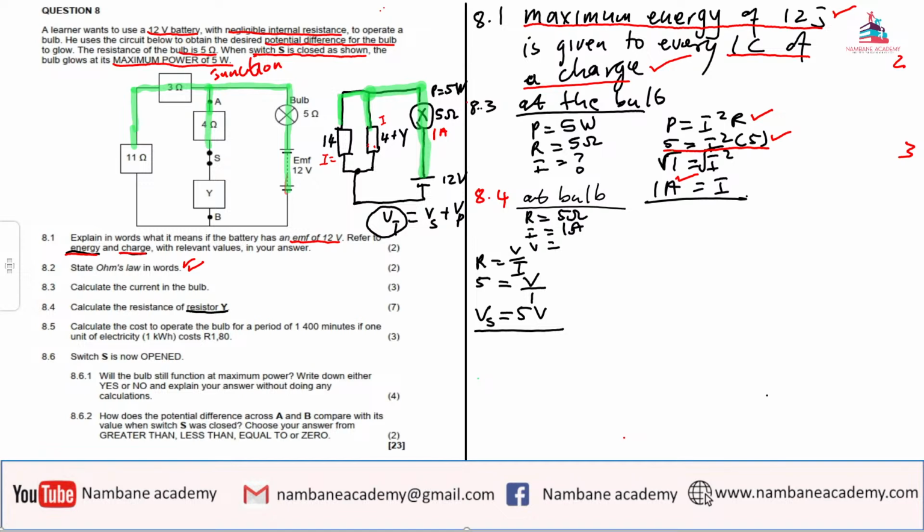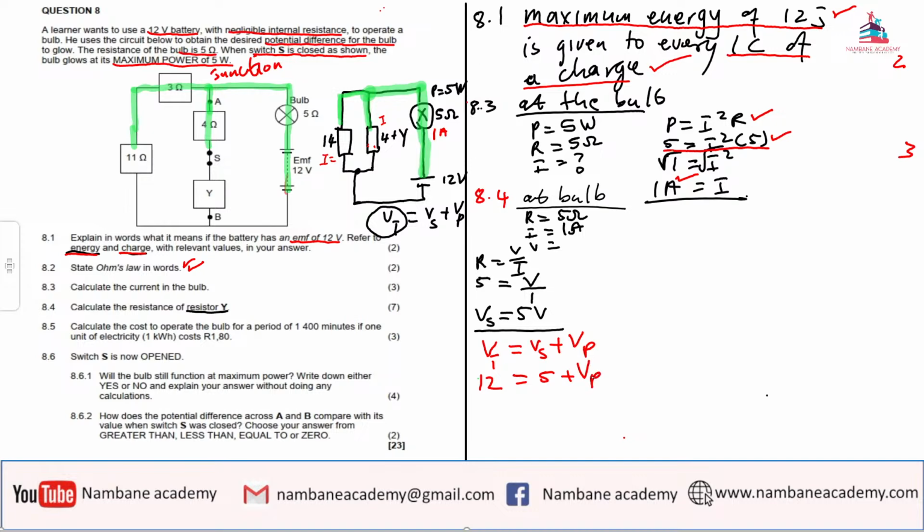But what else do I know? I am going to write this one in red for emphasis. V total is equal to Vs plus Vp. Why? Because Vs represents the series section of the circuit, and Vp represents the parallel combination of the circuit. This total I know is 12. This one is 5.